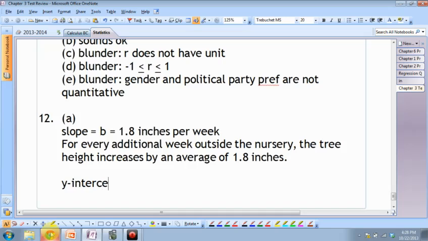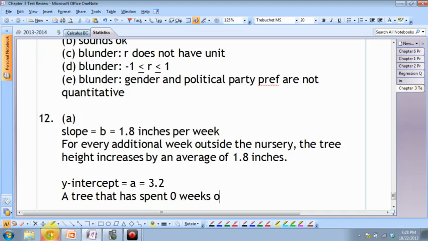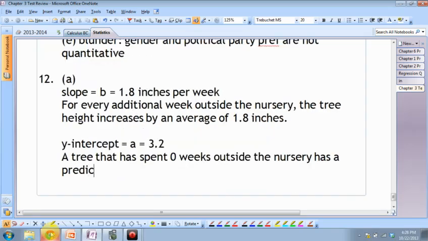Y-intercept, that's a, and that is 3.2. So a tree that has spent 0 weeks outside the nursery has a predicted height of 3.2 inches.